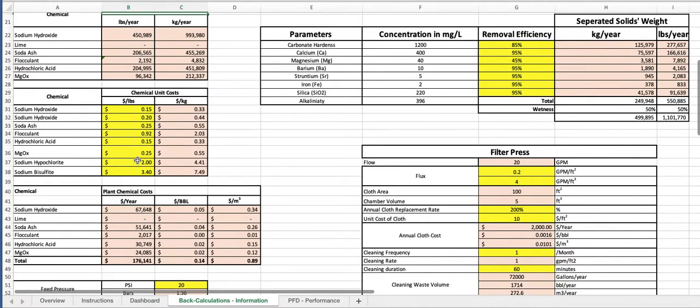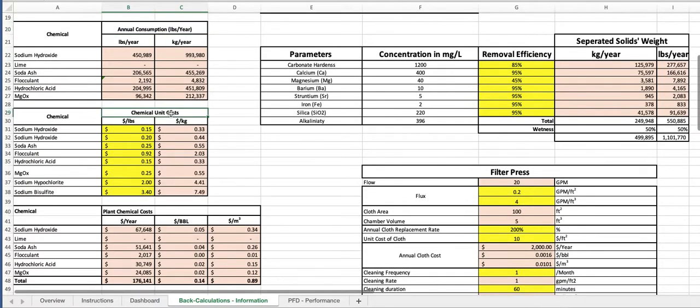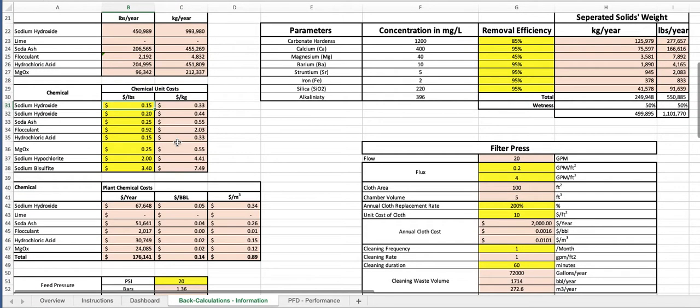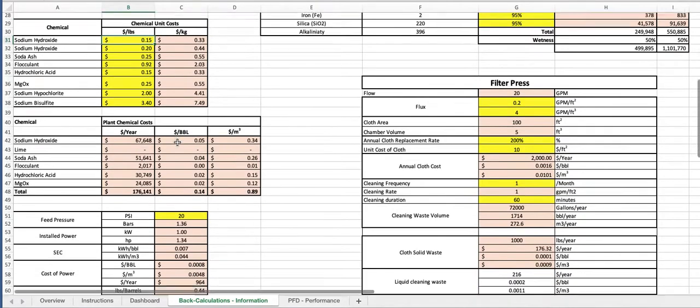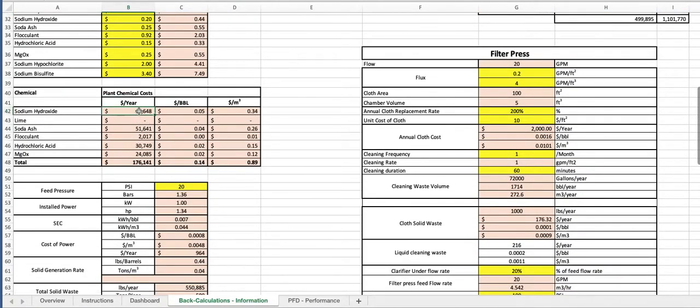It will then take into consideration the cost of those chemicals, the unit cost of those chemicals, and comes up with the OPEX calculations.